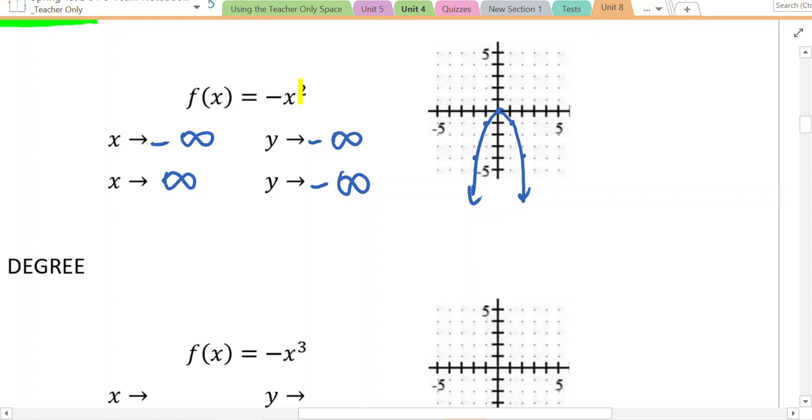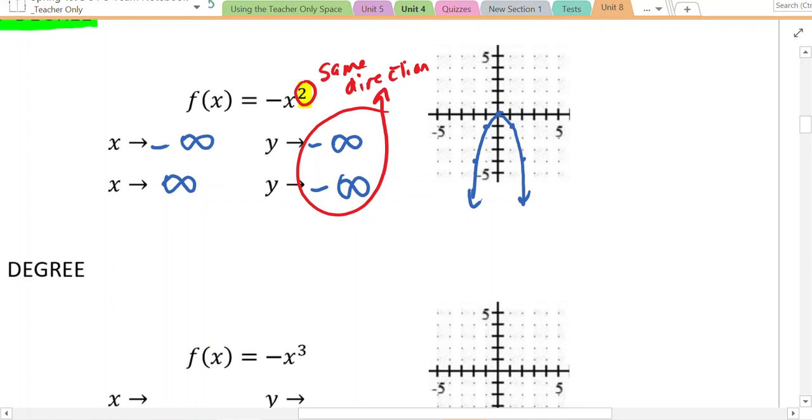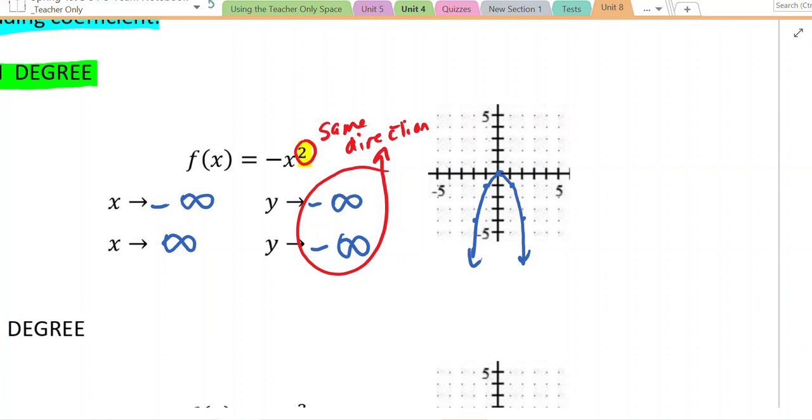Notice my degree is even, so that means they're going to be the same direction. And look, they are. They're both the same direction, right? And then my coefficient here is -1.